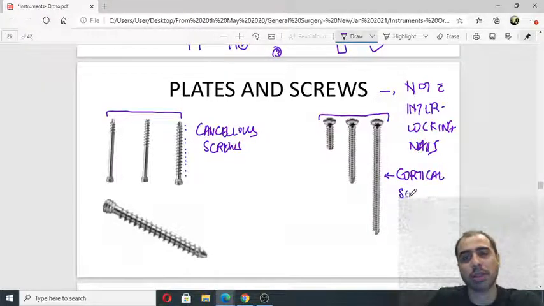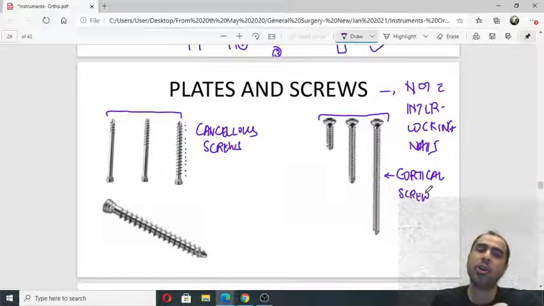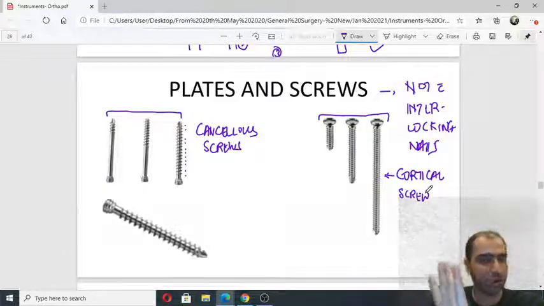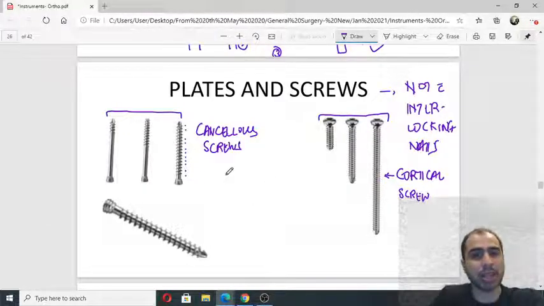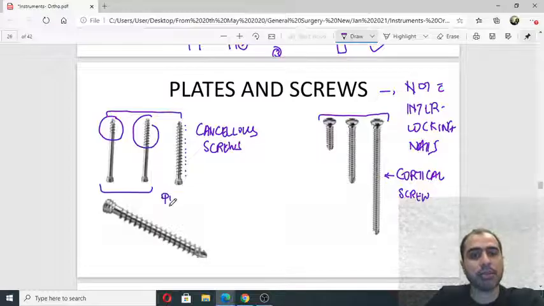Now you will ask me, sir, if we are given just one screw and told to identify cortical or cancellous, it's difficult to identify. Honestly, difficult to identify. Only thing is, cancellous screws, not all of them are completely threaded. These two, if you see, have thread only over here. They are partially threaded.